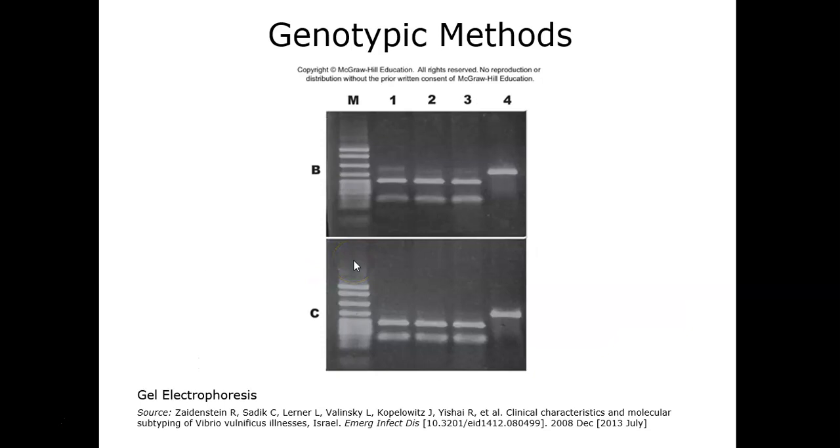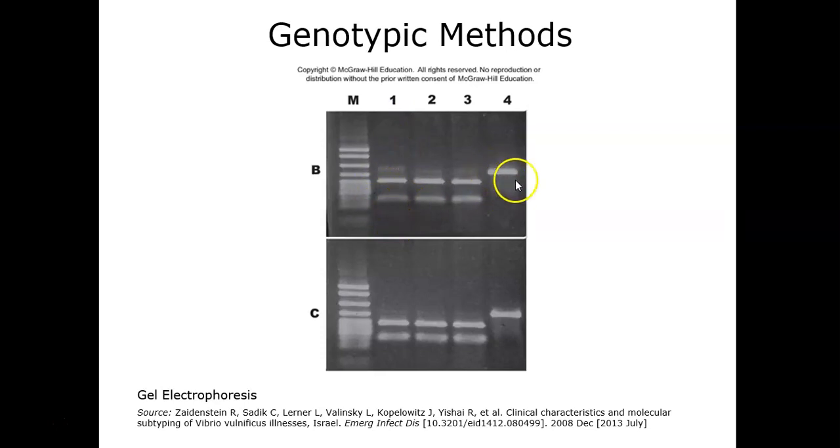So here's our electrophoresis. Again, we're separating out DNA. All these little bands that you see here represent pieces of DNA. Larger pieces of DNA move much slower, so we would load all of our genetic material up here at the top in these little wells. We would run an electric current through the samples, and these pieces of DNA would migrate down the gel. So the ones that get closer to the bottom are smaller in size.